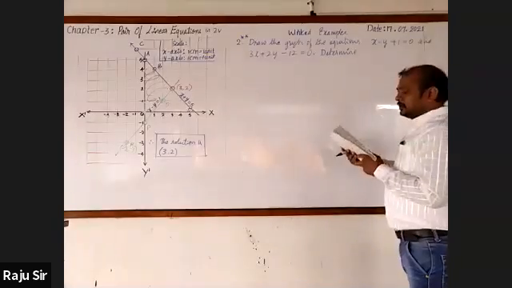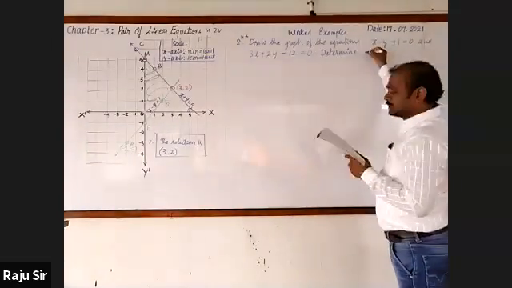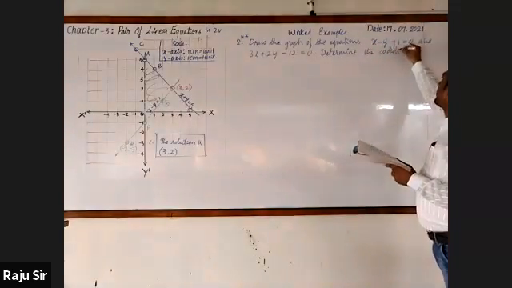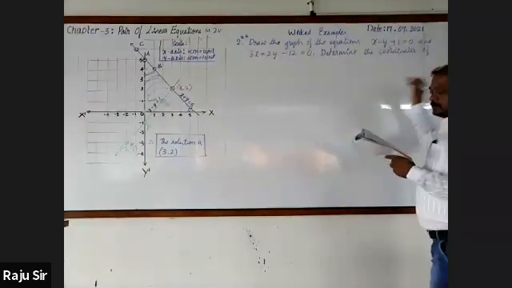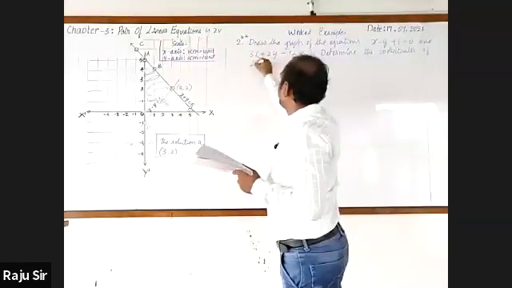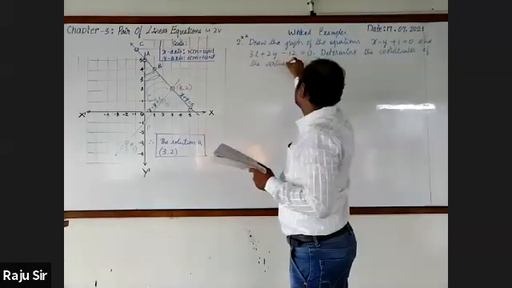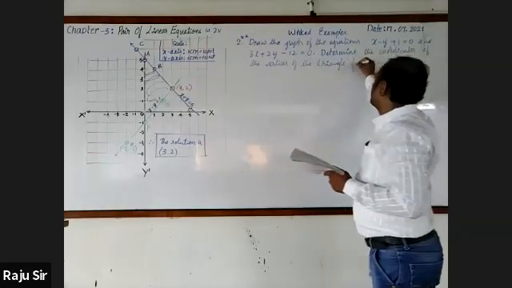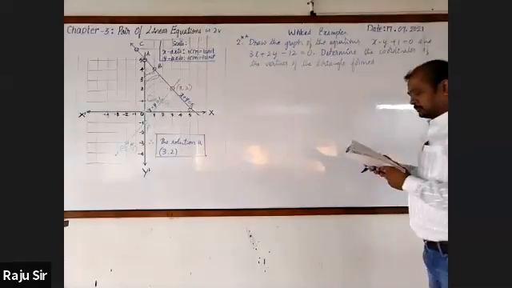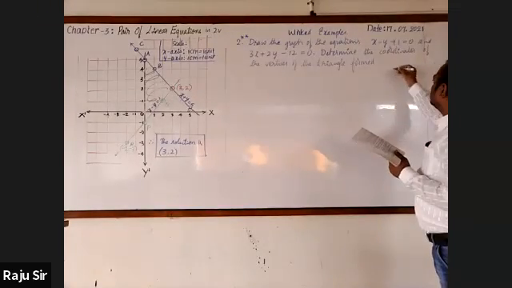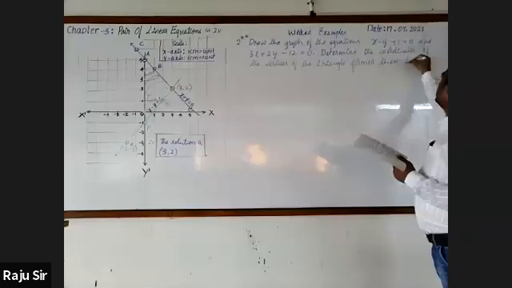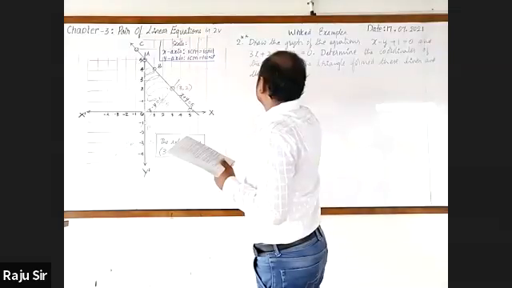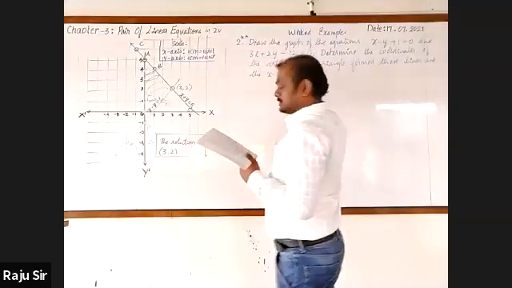Determine the coordinates of the vertices of the triangle formed by these lines and the x-axis.